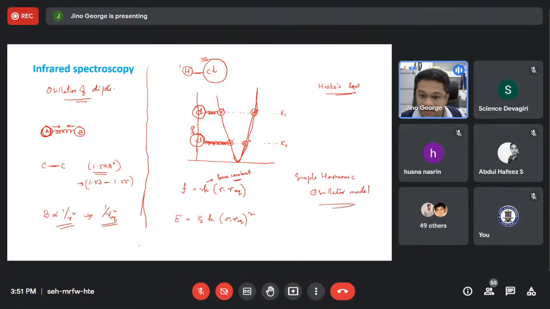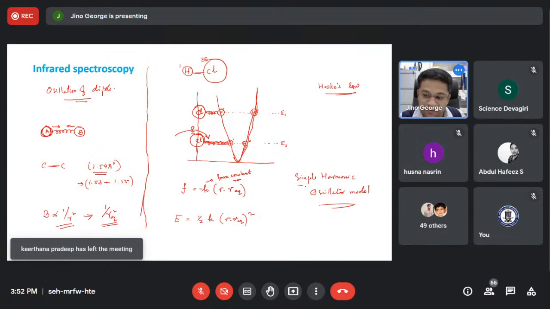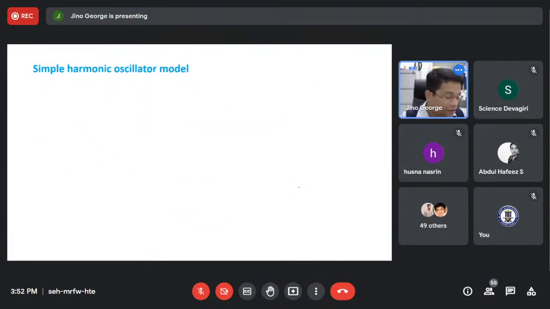So the assumption was I am fixing chlorine on the wall and I'm just clamping it, bumping energy into it, right? I give more energy, it goes here, then it goes here. Now I have to assume that in the simple harmonic oscillator model, the vibration energy is fixed, right?